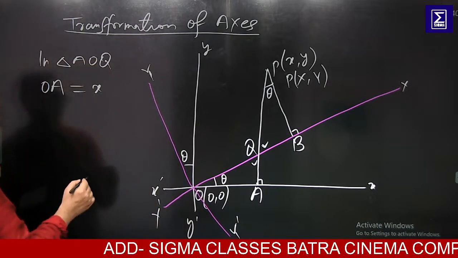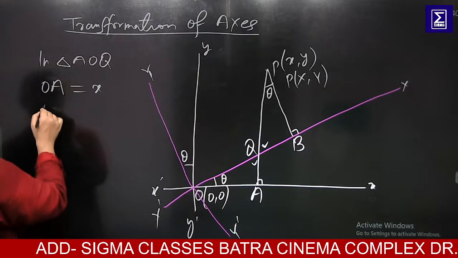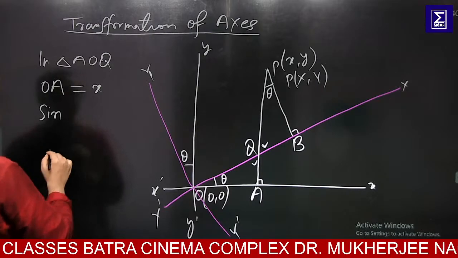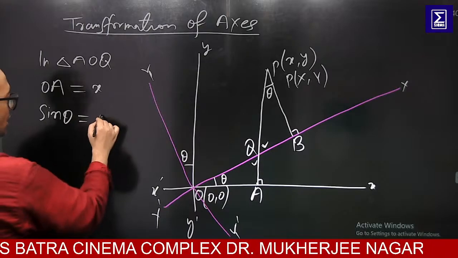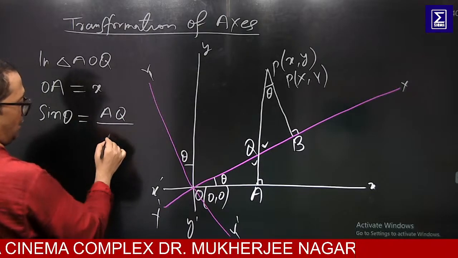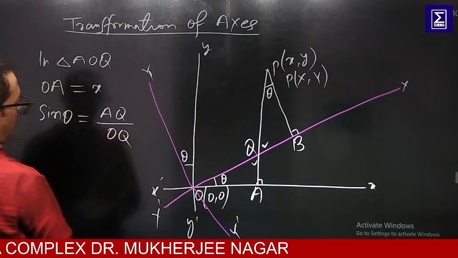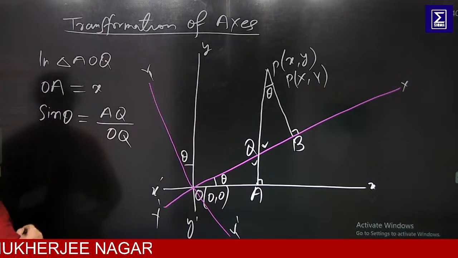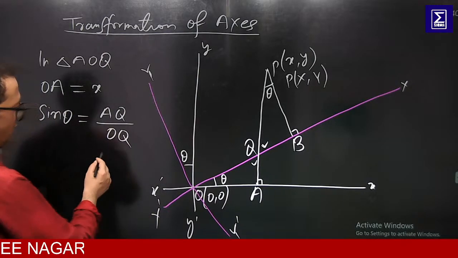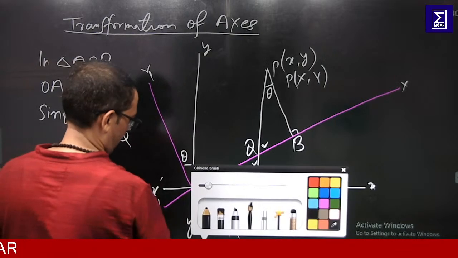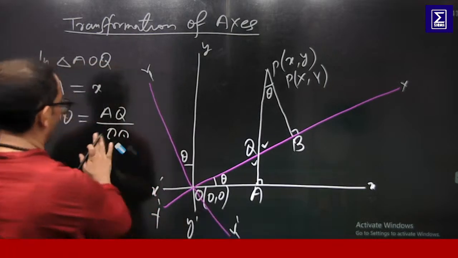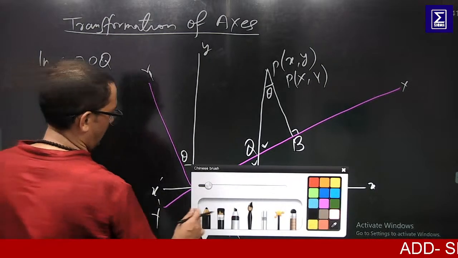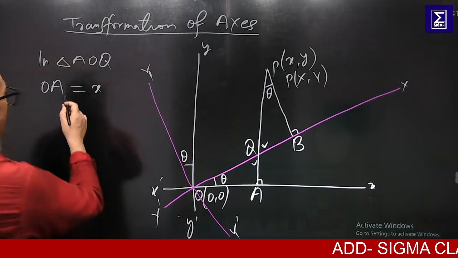So we have, let's say, sine theta is equal to AQ upon OQ. Here we have OA, in this triangle AOQ.